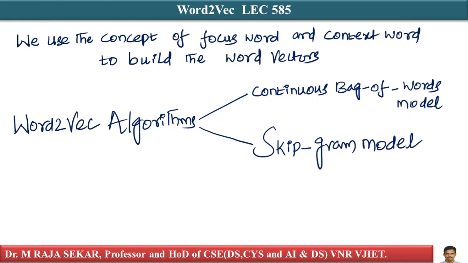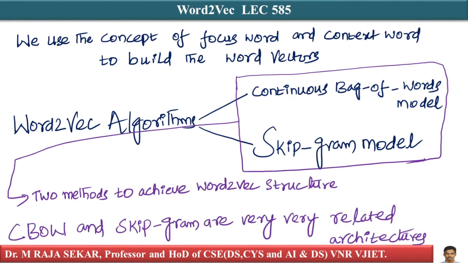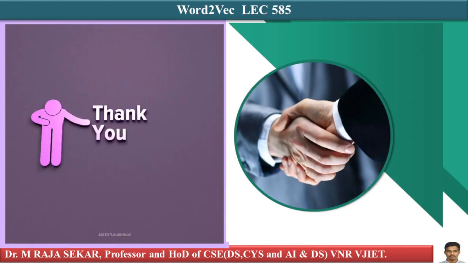These are the two methods to achieve the Word2Vec structure. CBOW and skipgram are very related architectures. I request all of you to go through this lecture. In my next lecture, I will discuss CBOW. Thank you very much.